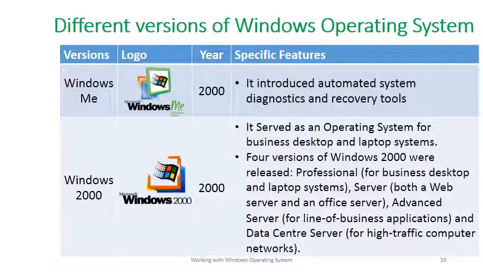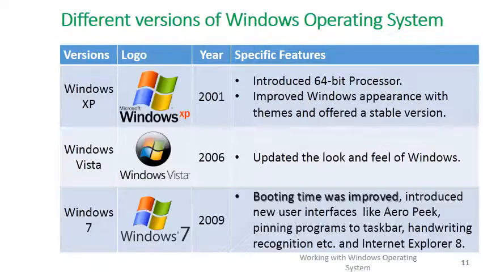Next, Windows 2000 was developed during the year 2000 and it served as an operating system for business desktop and laptop systems. Next, Windows XP was developed in the year 2001 and 64-bit processors were introduced.